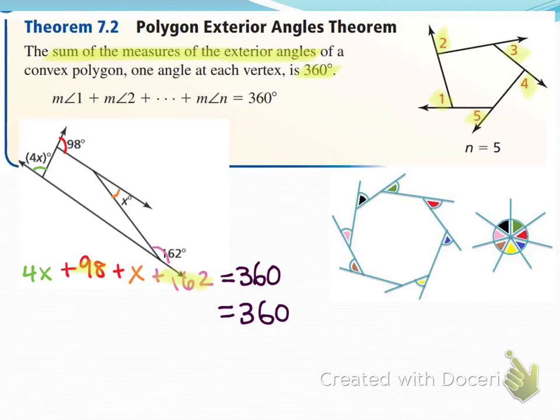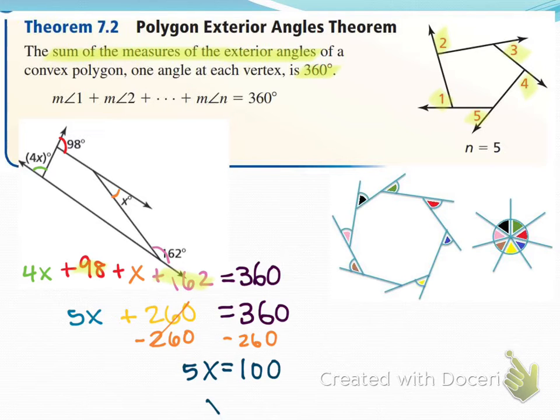We obviously have 4x and x, which make 5x. But what is 98 plus 162? 260. So subtract the 260 on both sides. So then 5x equals 100. So then x is 20.